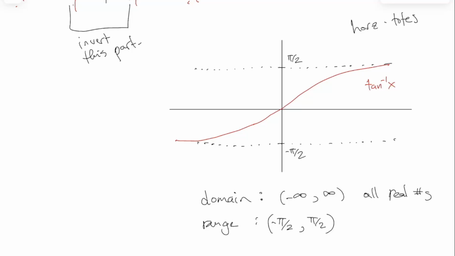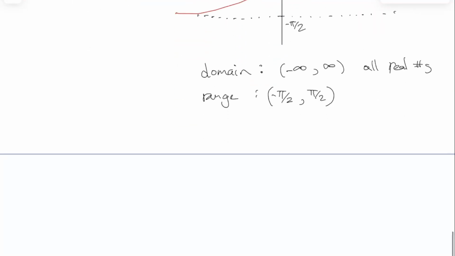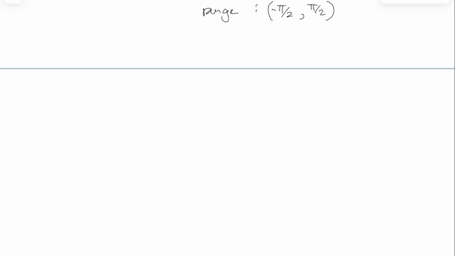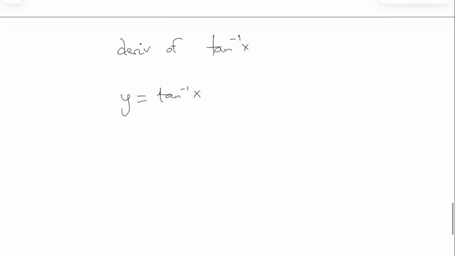All right. Can we talk about the derivative? We've got 10 minutes. We can do the derivative of the inverse tan. I'm going to do it in the same way. So we would start with y equals inverse tan of x, and then we would write it the other way around, right?